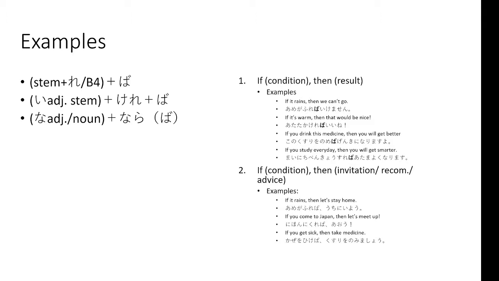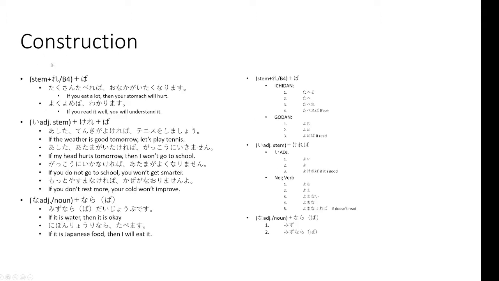Now, we'll talk about what grammar you should use when the result is 100% for sure certain, because it's actually not ba. More on that in the future, though. Let's look at this last example here. We have, if you study every day, then you will get smarter. 毎日勉強すれば頭が良くなります.